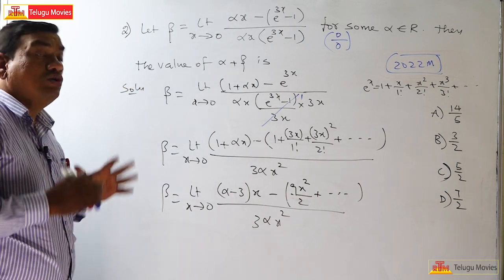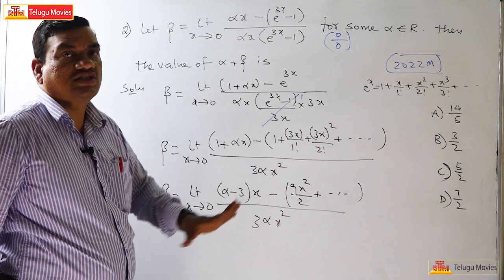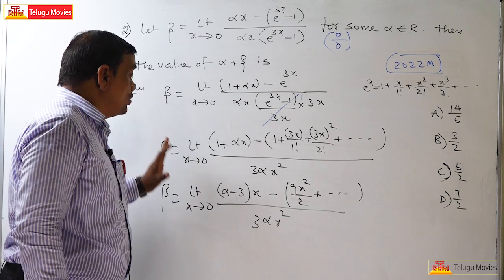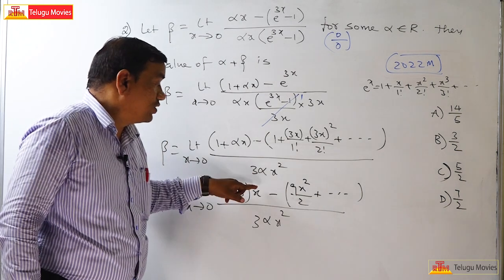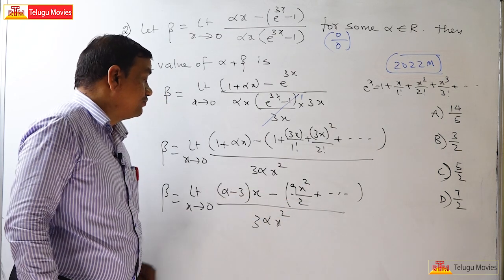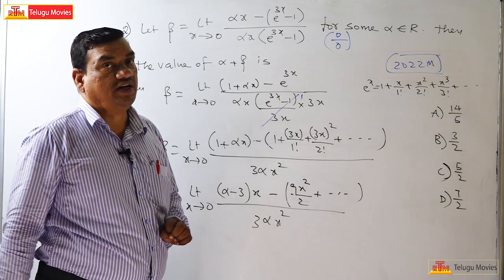Now, the limit exists; it is already given, and even if it were not given, the limit must exist. For the limit to exist, see here, in the numerator x is there and x square is there, which means you would get 1 by x.